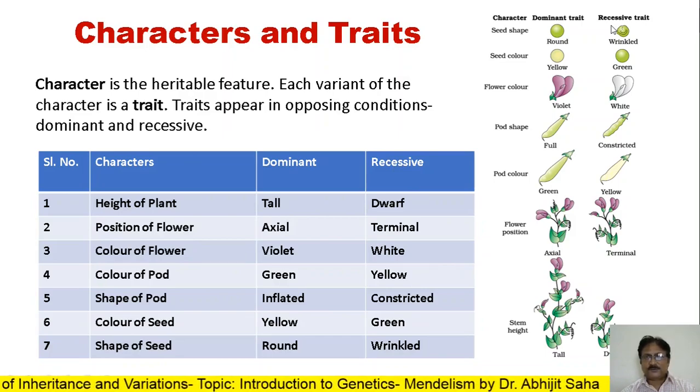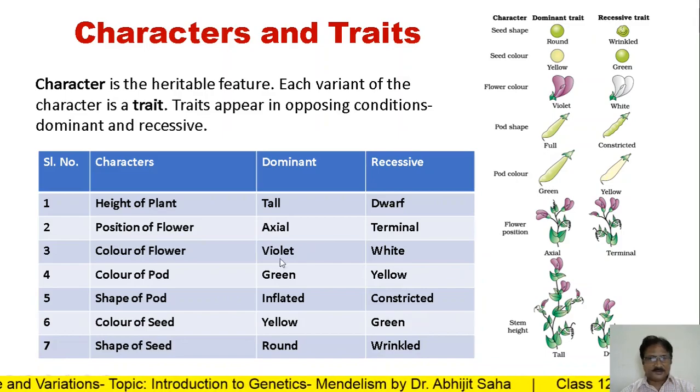Here you must not confuse in this position. In certain cases, there may be some confusion. For example, color of the pod. If it is green, it is dominant. Whereas color of the seed, if it is green, it is recessive.